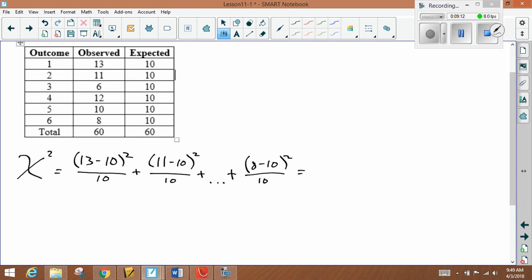And then put your final chi-square test statistic here. 3.4. Huh? 3.4? For all of it? Even in between stuff? Yeah. So it's like 9 tenths plus 1 tenth plus 16 plus 14 plus 0 plus 14. Yes. Sorry, I was looking at something different. You got it.